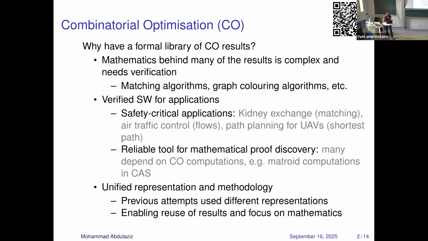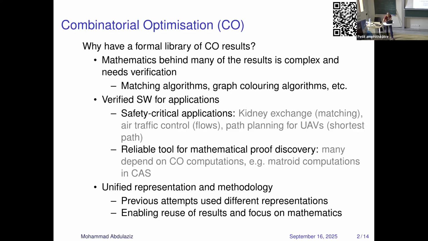And also a lot of these combinatorial optimization algorithms are used for mathematical proof discovery, traditionally in computer algebra systems. People use them to find counterexamples or to establish bounds and so forth. So if you have a verified way of doing that, that will give those mathematicians more assurance in what they're doing and avoid some bugs.